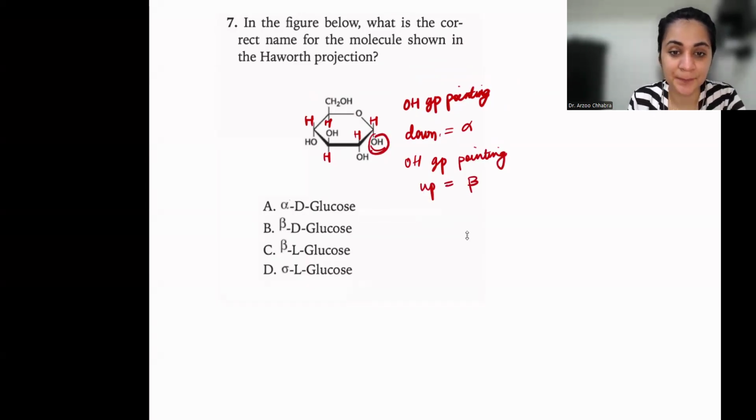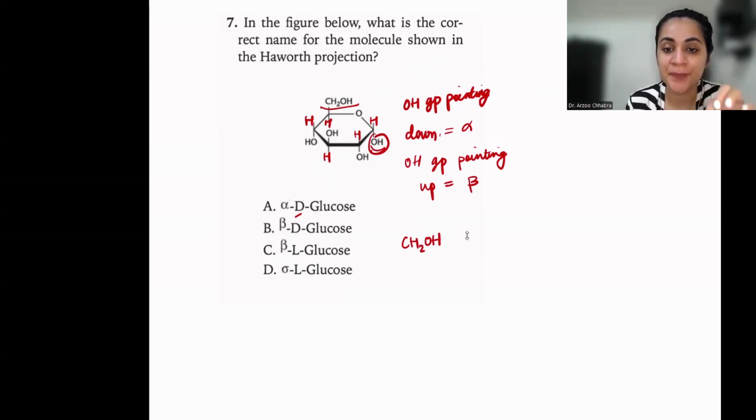To figure out whether this is D or L, look at the last group, the CH2OH. There will be a detailed explanation of this when we go from Fischer projection to a ring structure.